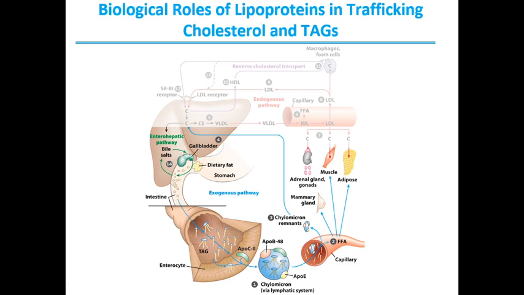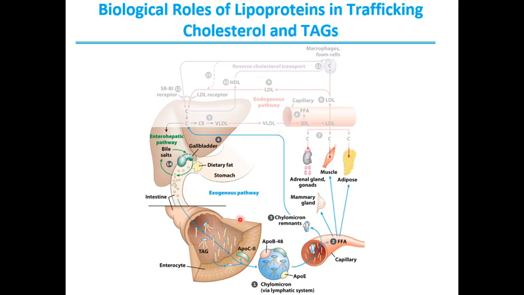Next, let us consider the biological roles of these four classes of lipoproteins in trafficking cholesterol and triacylglycerols. The biological roles are shown in this pathway. And this pathway is divided into two parts: an exogenous pathway and an endogenous pathway.